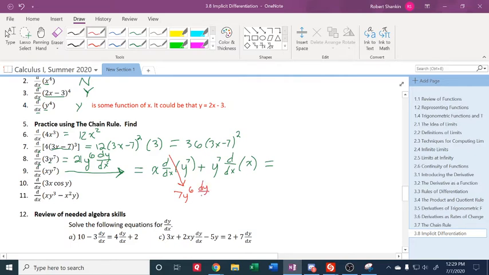But y is a function of x, so let's do dy dx. While this derivative is just 1. So then I'm going to get 7x y to the 6th dy dx plus y to the 7th. Any questions?